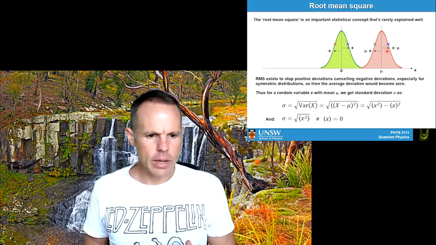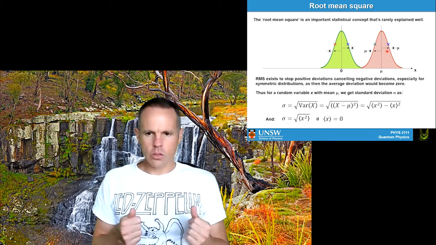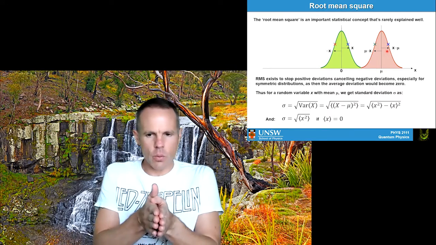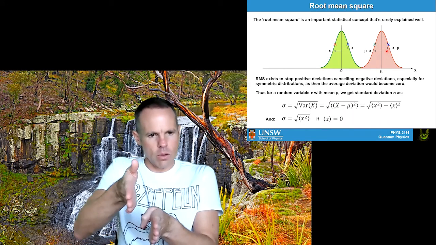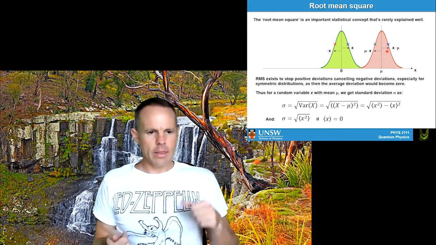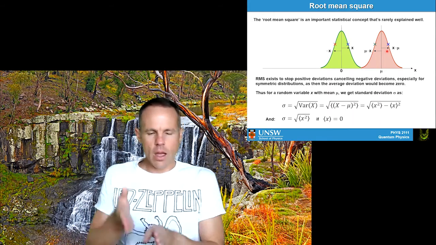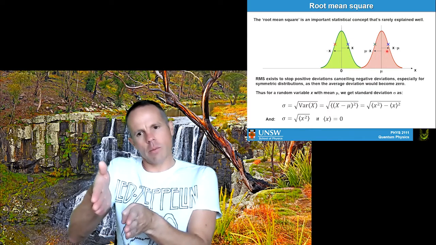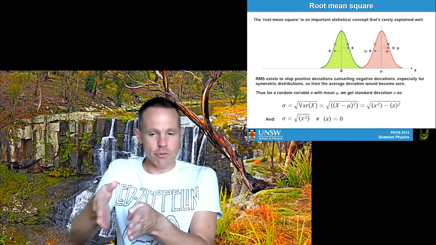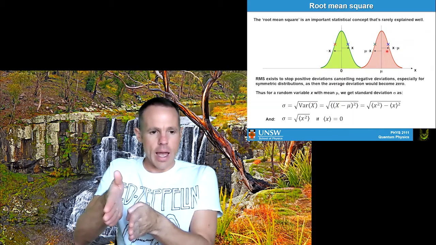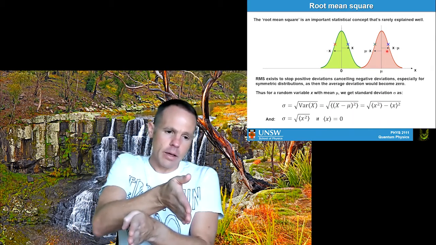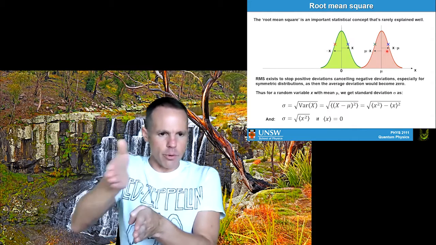So one thing that we tend to do a lot when we're looking at statistical distributions is a thing called root mean square. So the idea is that we take all of the numbers that we're wanting to average, we square them all, then we take the mean, then we take the square root again, okay? What that does is for a positive number, when you take the square, it stays positive. You then take the average, then you take the square root, and you get back a positive number. If you go to the negative side, the square of a negative number is now a positive number.